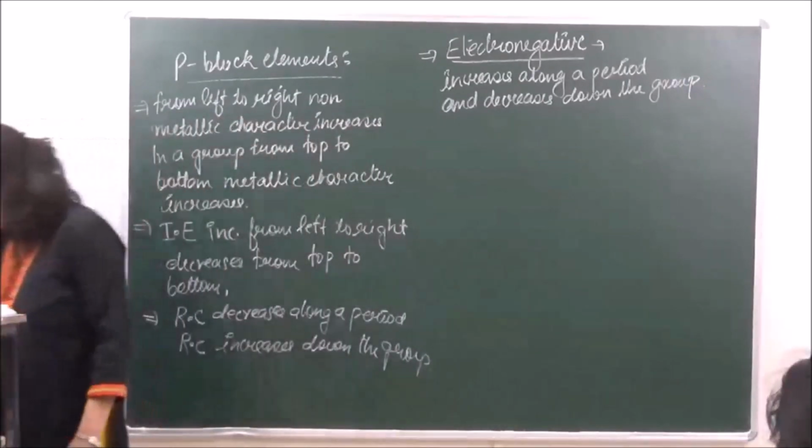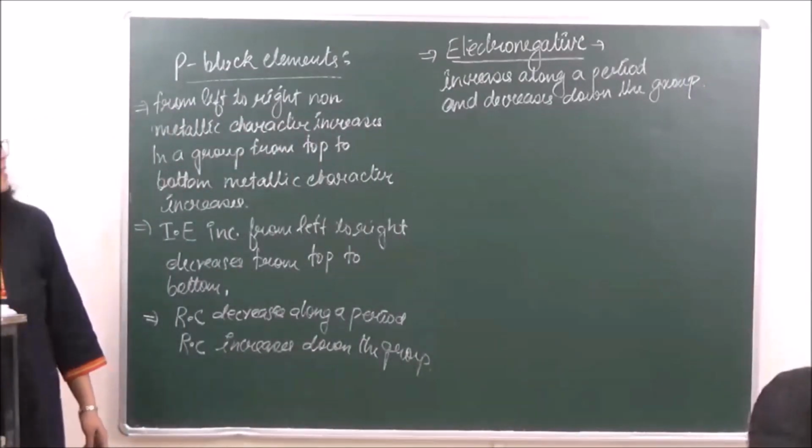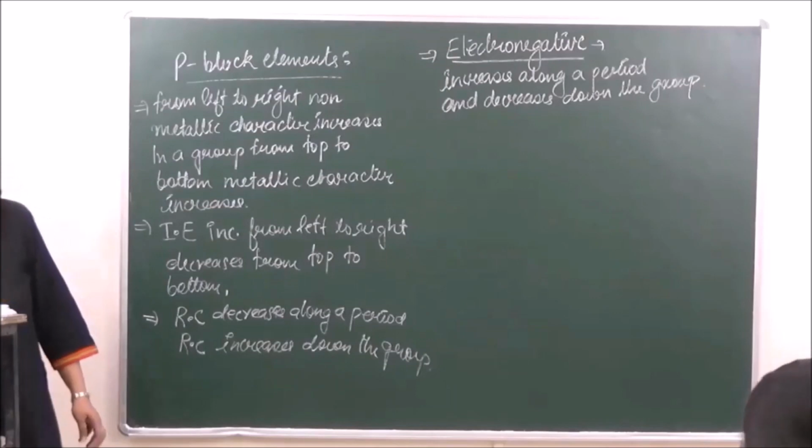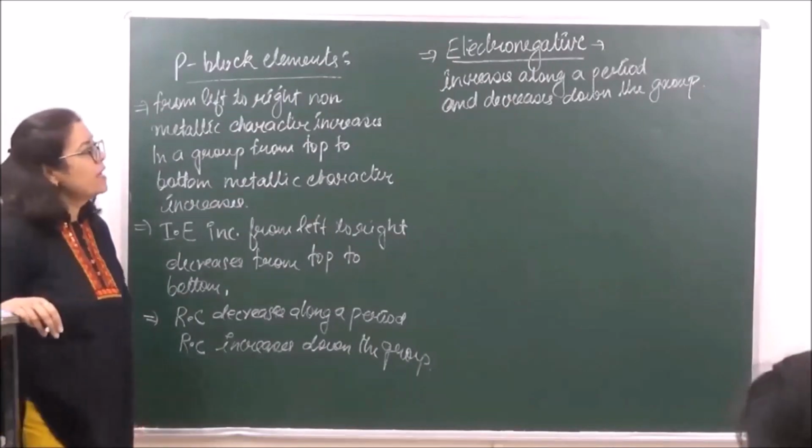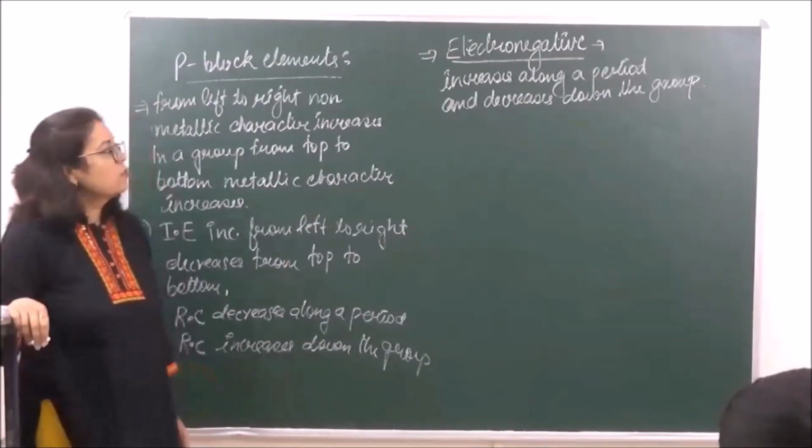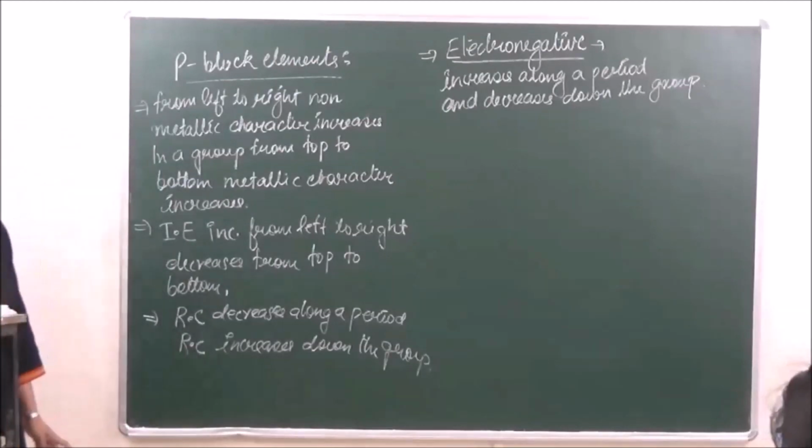So as we keep on traveling along the period, the electronegativity will keep on increasing, and when we are going down the group, the electronegativity keeps on decreasing, right?